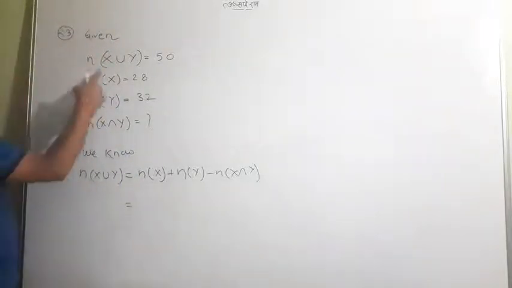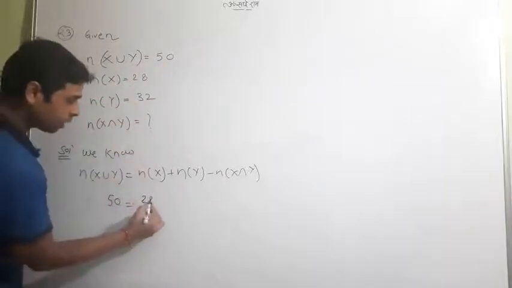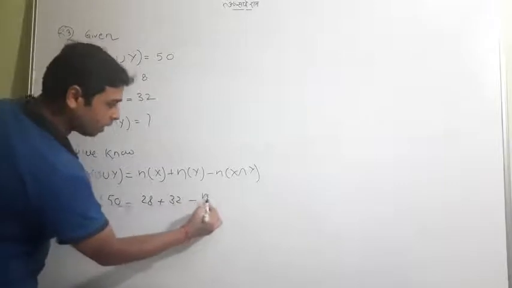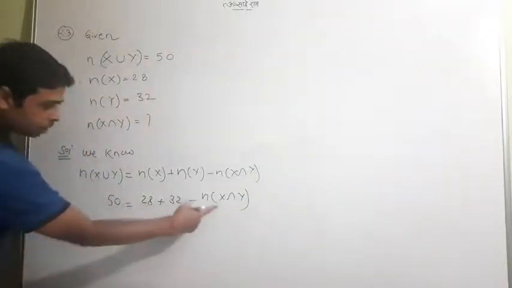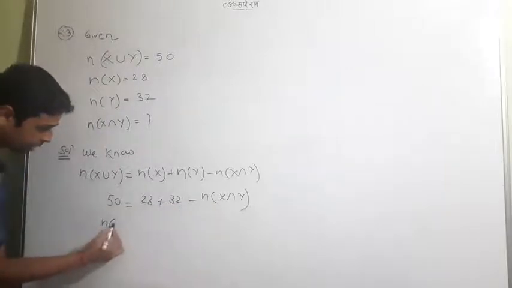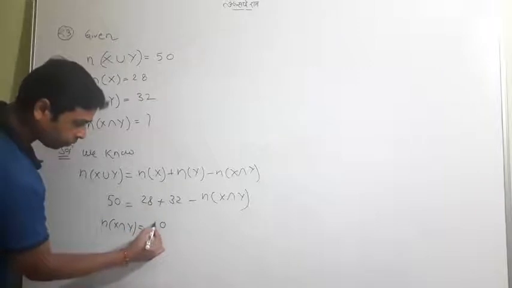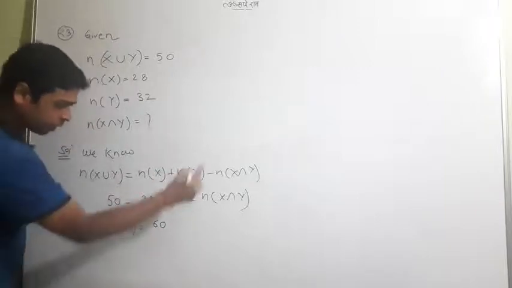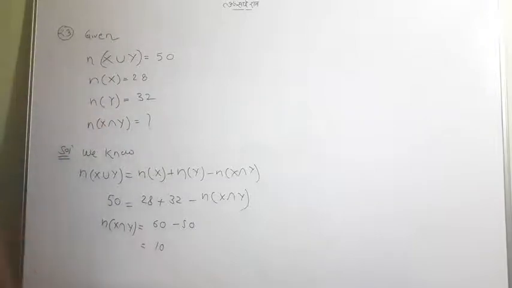X union Y is what? 50. N of X is what? 28. N of Y is 32. And this is required to be found. Definitely this minus will go to that side, and these two, 60 and 50, will transfer to that side. So your answer is 10. So this is X intersection Y.